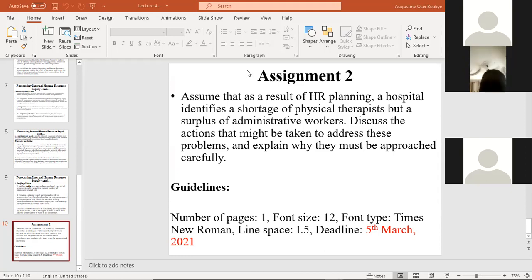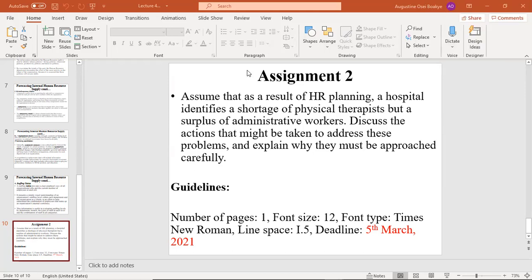In fact, with the exception of the last 2 lectures, which I'm yet to record, most of them, as far as the course outline is concerned, I have recorded and uploaded on the e-learning platform. So I entreat you to be watching them and noting down some of your questions, so that as and when we get the opportunity to interact like this, we will be learning from each other.